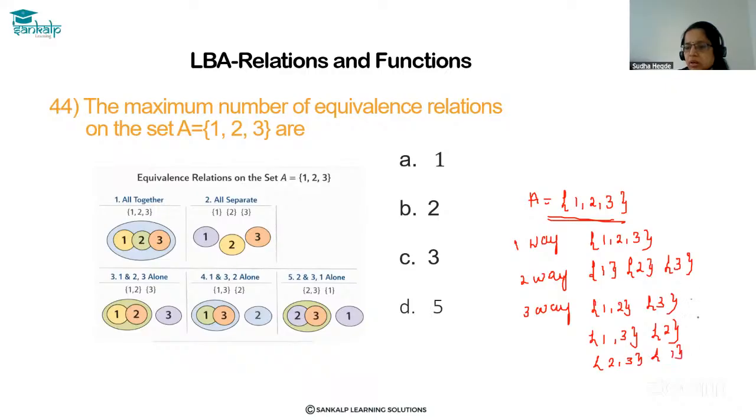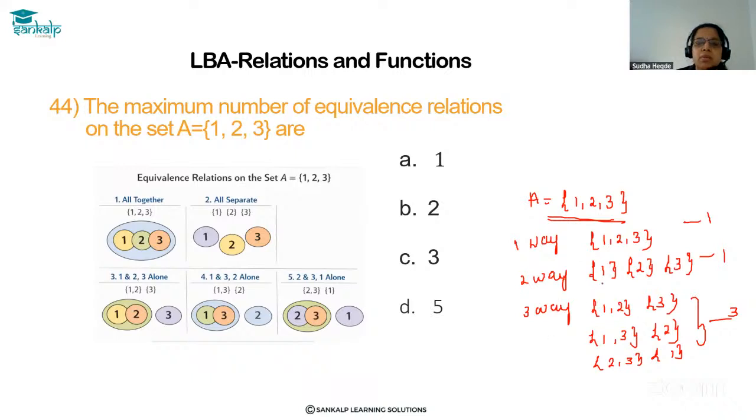So here 3 possibilities, here 1, here 1. Totally 3 plus 1 plus 1, 5 ways you can form partitions.